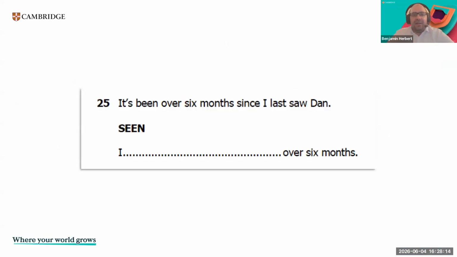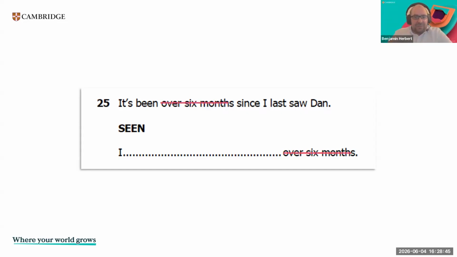Let's take a look here. We can see in this example, we have our original sentence, we have our word in capitals, SEEN, and then we have the incomplete sentence below. What I would do is get my learners to get their pens or pencils, and they need to either highlight or underline the information which is contained in both of the sentences.